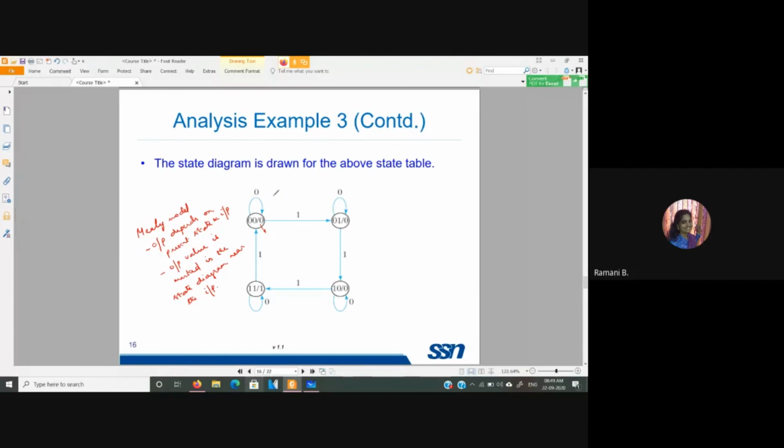Whereas for the Moore model, as the output depends only on the flip-flop present state, we denote the output value inside the circle, near the state values.